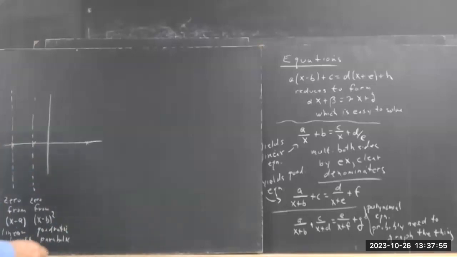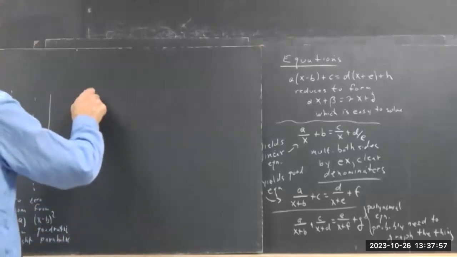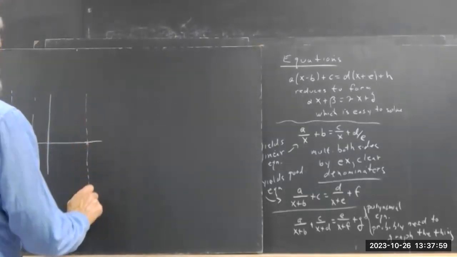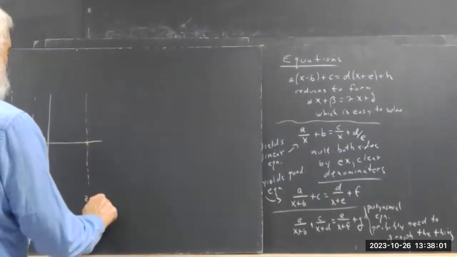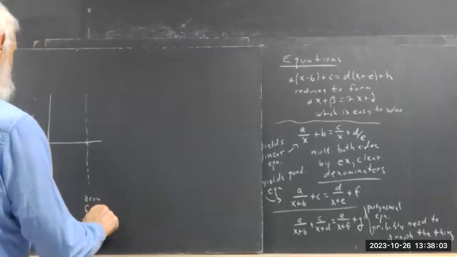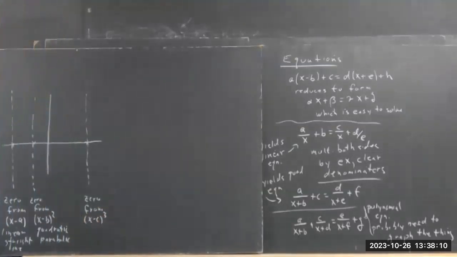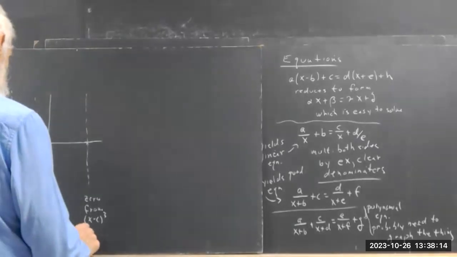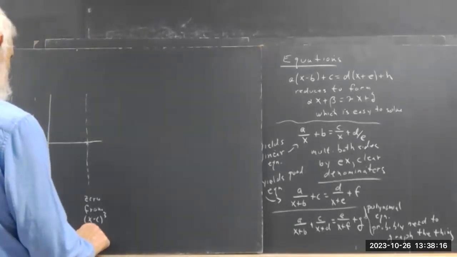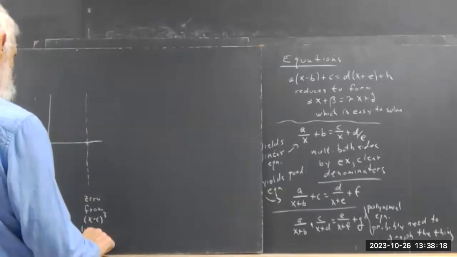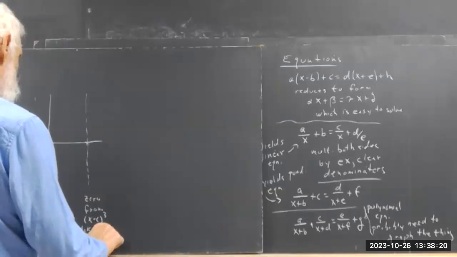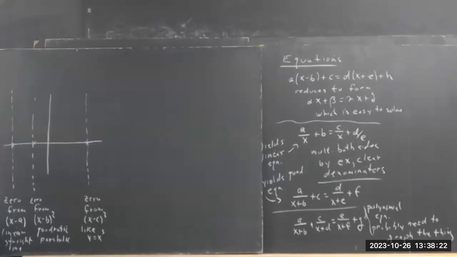And then over here, let's say we've got a 0 from x minus c quantity cubed. It's like y equals x cubed as it goes through there.